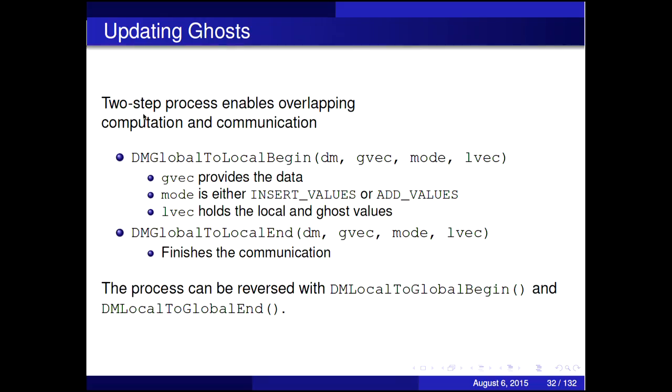Then DMGlobalToLocalBegin and End provide a way of communicating the data from a global vector to a local vector. So this is updating ghost points for you. And again, it's organized as a begin and end to allow putting some other operation inside, though usually we don't do that.